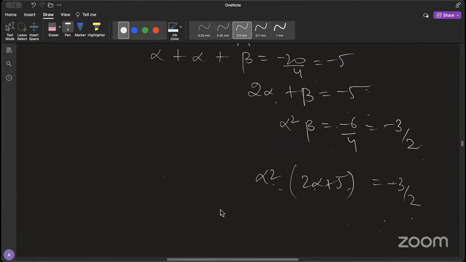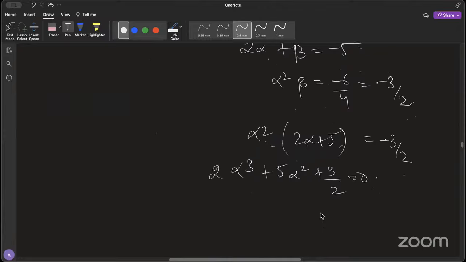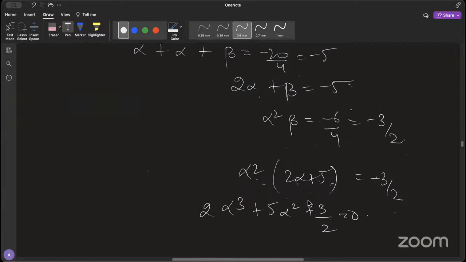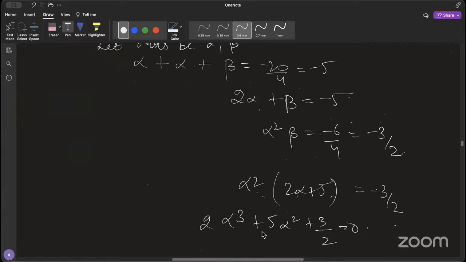Because this is going to result in 2 alpha cube plus 5 alpha square plus 3 by 2. This is again a cubic equation. For this, you'll have to solve a cubic equation, a simpler one than this one, obviously.